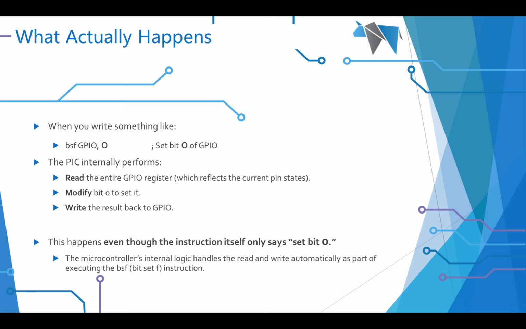So you might think that you're writing to port 0, but it could actually write a different state to port 0, or it could actually write back different results into the other ports. This happens even though the instruction says, and only says, write bit 0. It's the way the internal logic works.